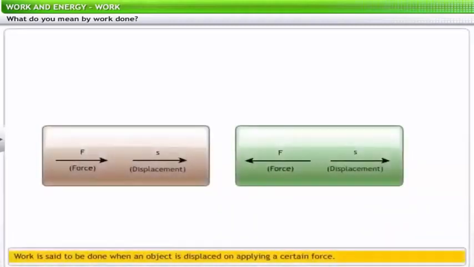The second type, where the force is acting in a direction opposite to that of displacement. That is, one of the identified forces F is acting in a direction opposite to the direction of the displacement S. Thus, the angle between the two directions is 180 degrees.